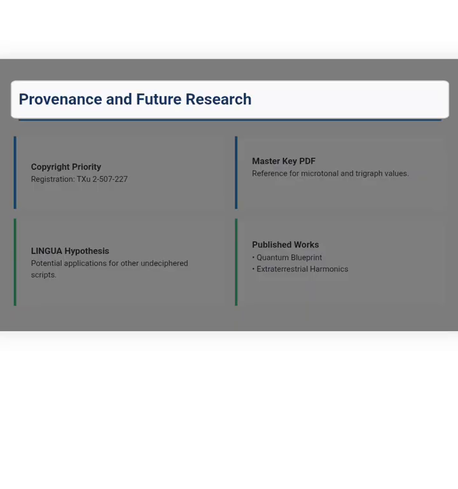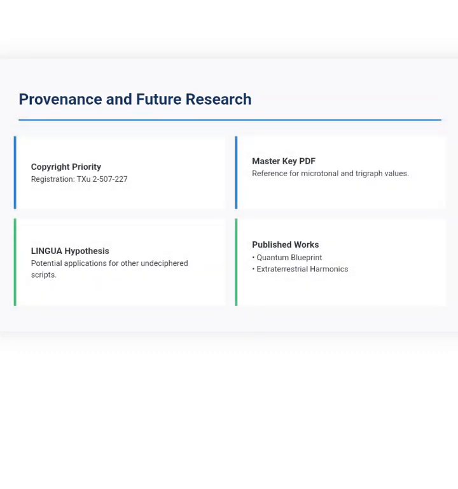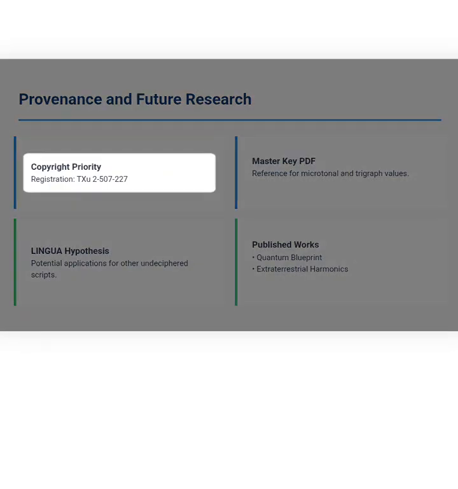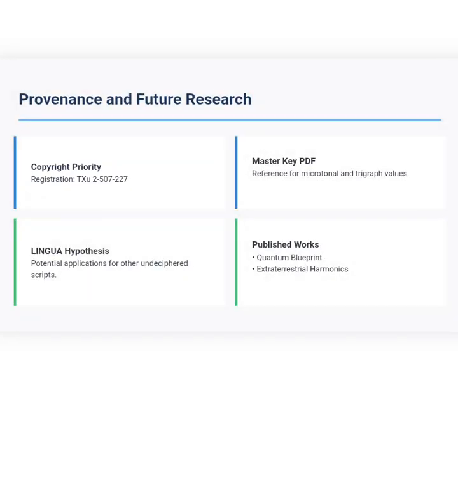Moving directly from our exploration to a close, let's discuss the provenance of this decoding system and where the research is headed next. Building on the technical workflows we just covered, it's important to understand the formal framework surrounding this discovery. First, for those interested in academic priority and formal records, the system is officially registered under copyright TXU 2507227.